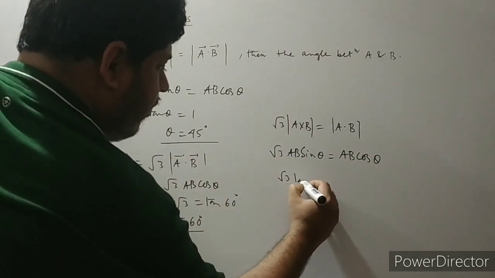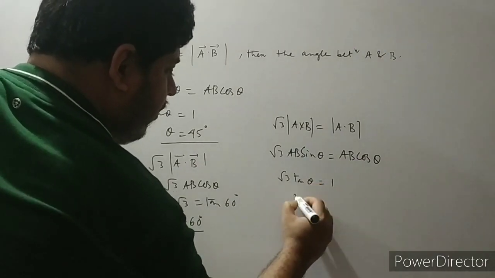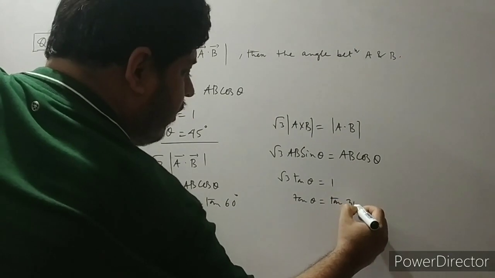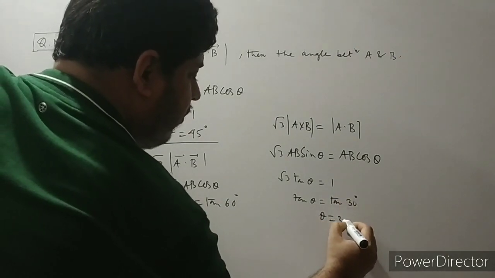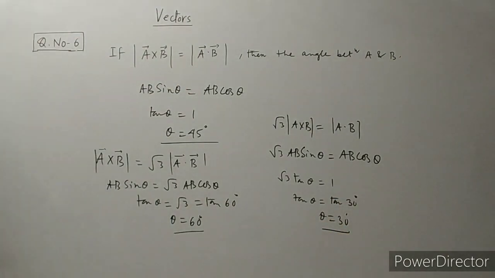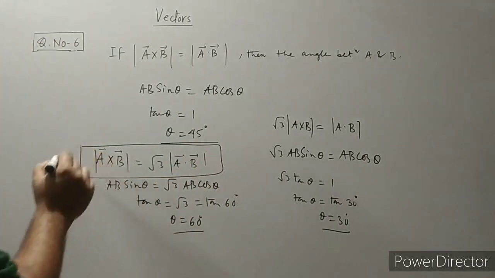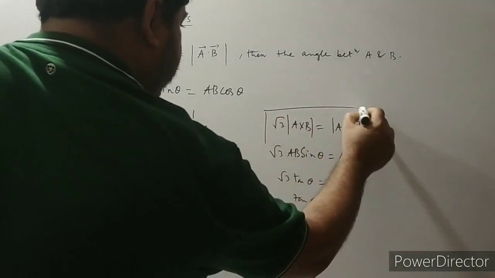So root 3 tan theta is 1, which means tan theta is 1 by root 3, so theta is equal to 30 degrees. Clear? By changing each and every question a little, they can give you such types of questions.